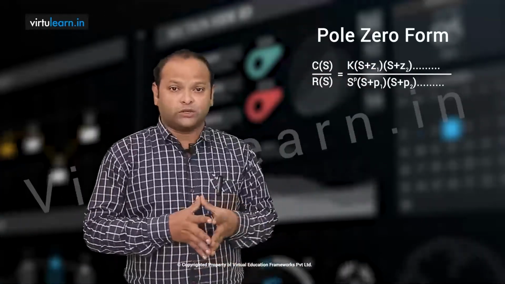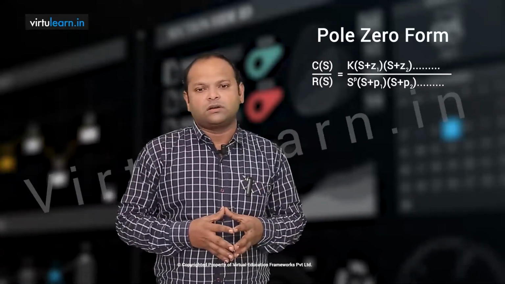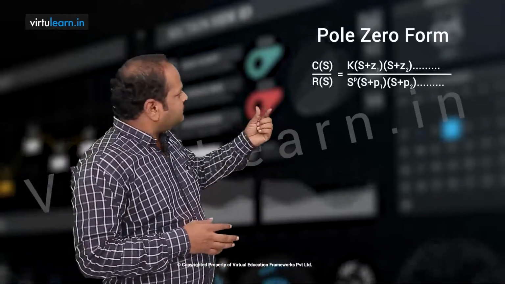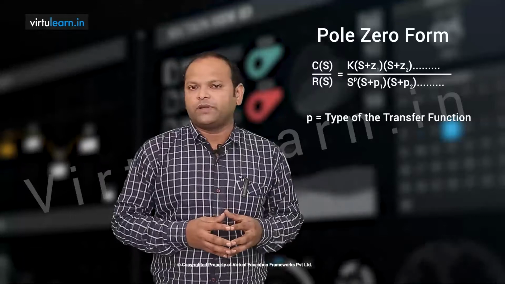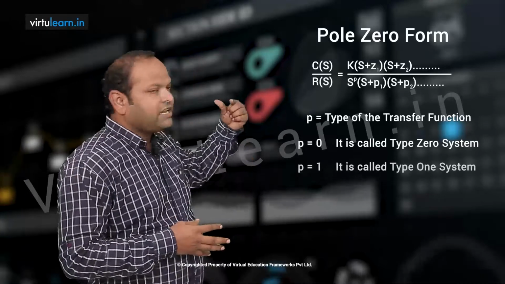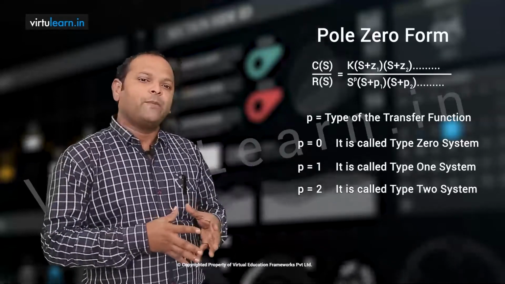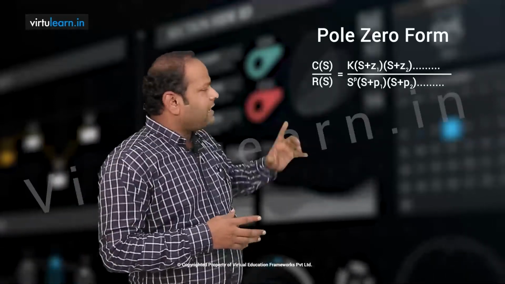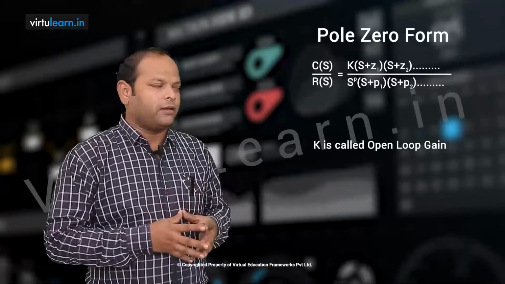Those are nothing but the zeros, and p1, p2 and so on are the poles of the transfer function. Now we have s^p. This p represents the type of the transfer function. If p is 0, it is called a type 0 system. If p is 1, it is type 1. If p is 2, it is type 2. So the type of the system is decided by s^p. Now the gain K is called the open loop gain.